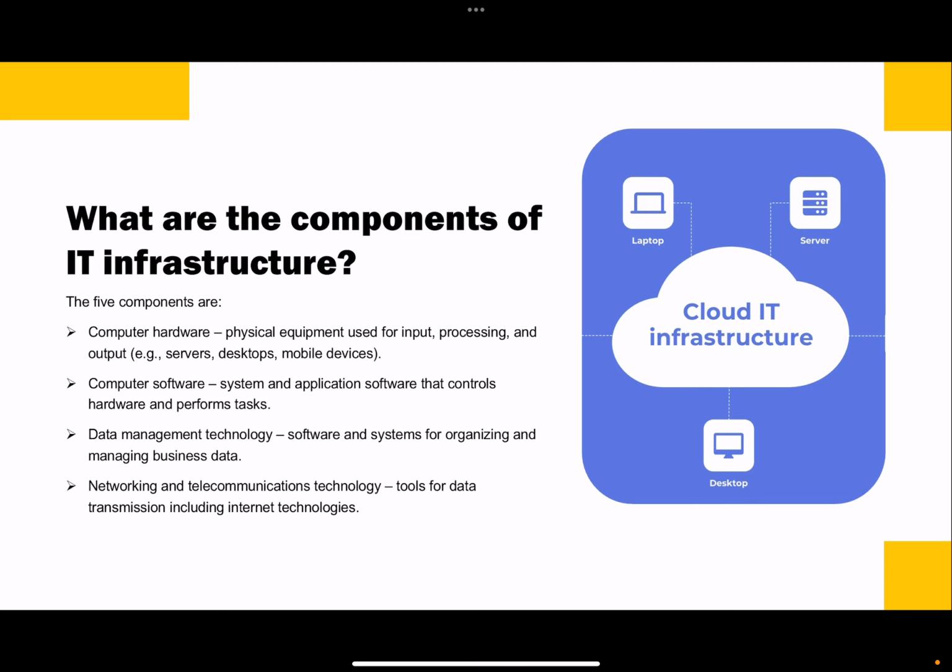Fourth, networking and telecommunications technology: tools for data transmission including internet technologies. And the final component is technology services: support services provided by internal staff or external vendors.